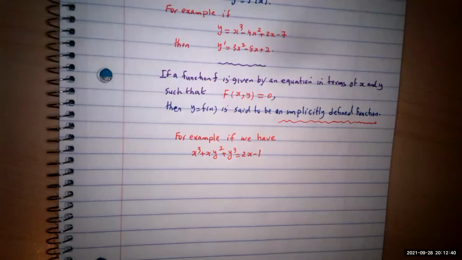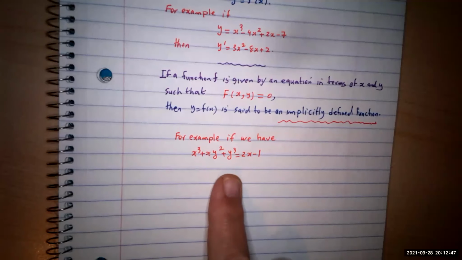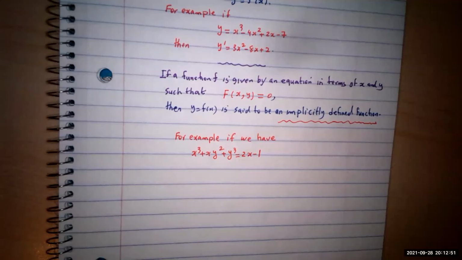In algebra, sometimes those examples are easy. So in this case, we say this y is given to us, not explicitly, implicitly. It's inside.